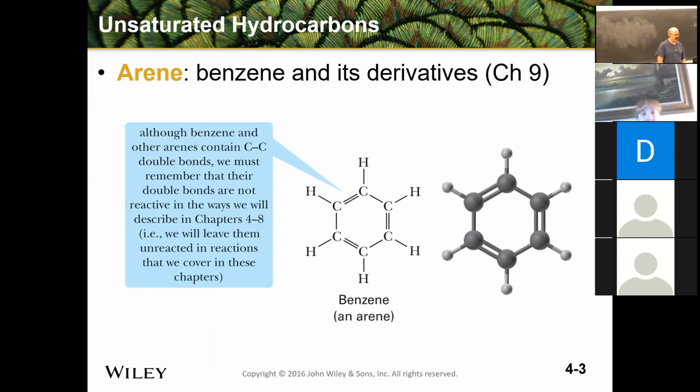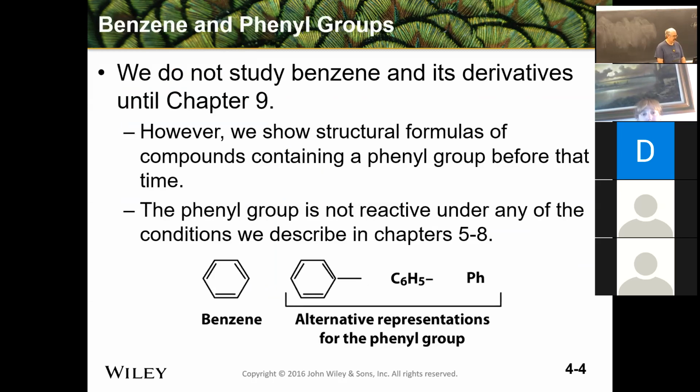We'll have a whole entire chapter on arenes. That'll be chapter 9. But benzene, even though we show that with carbon-carbon double bonds, doesn't react like alkenes. And we'll explain the reason why when we come to chapter 9. We're going to introduce the idea of benzene rings as substituents at this point.